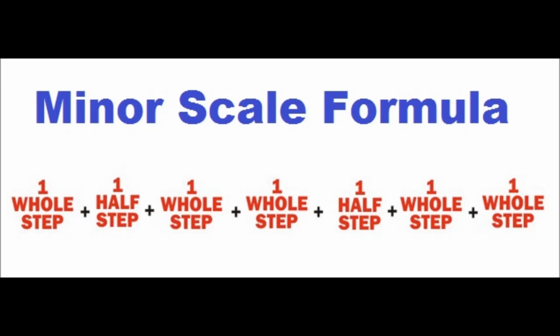So, in other words, the formula for forming a minor scale is whole step, half step, whole step, whole step, half step, whole step, whole step.